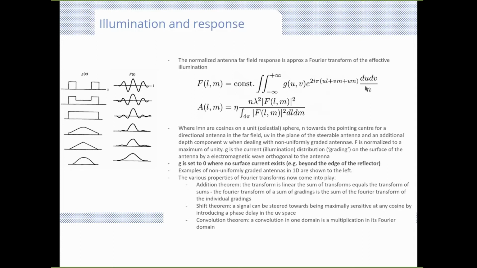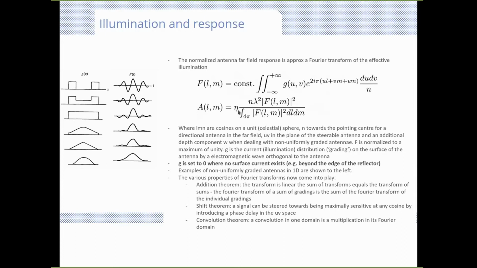The n cosine over here is there just because we've converted between a solid angle integral and an integral over two-dimensional space. So this is just the determinant of the Jacobian. And we can convert this far field response into power by squaring it, and we typically normalize it such that the response is unity at its peak.